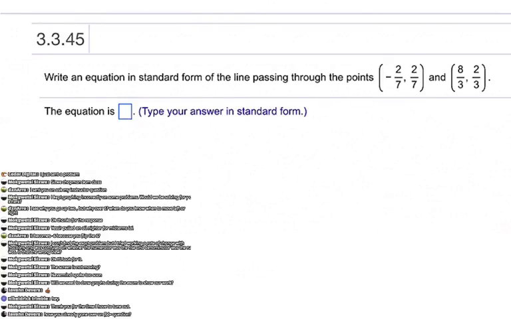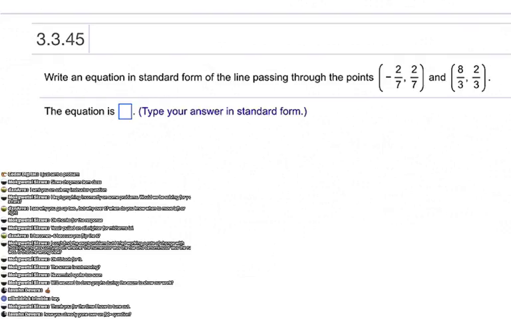Okay. So this question came, it says 3-3 question 45. It says write an equation in standard form of the line passing through the points. So we want the equation of the line through the points. Okay, so now when we're doing equation of a line, there are three formulas that you want to just go ahead and write automatically because we're talking about a line.